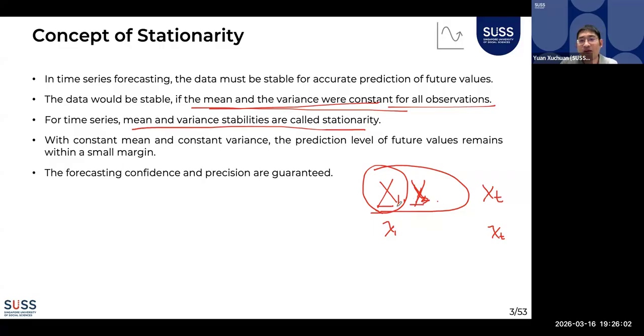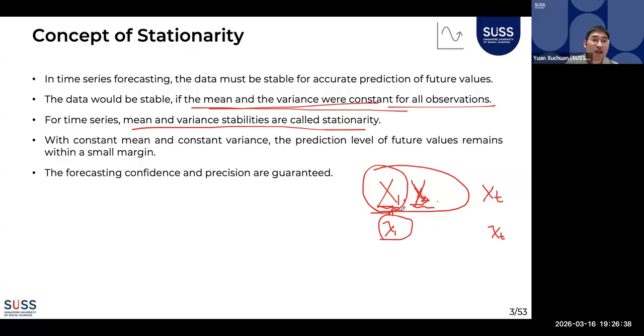Okay, and this stationarity requirement actually reduces the computational complexity. For example, if the mean or variance of x1 is different from the mean or variance of x2, then you have too many population parameters to estimate. Sometimes you cannot finish this job because you only have one data point from each random variable in each period.